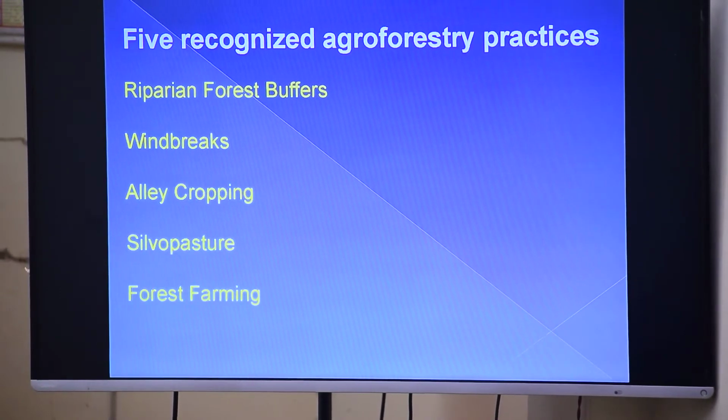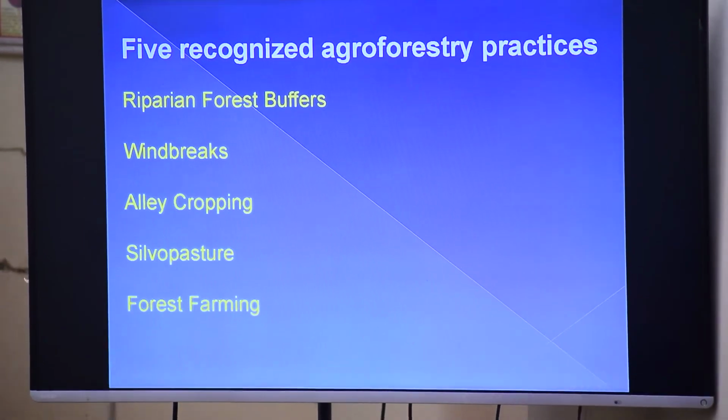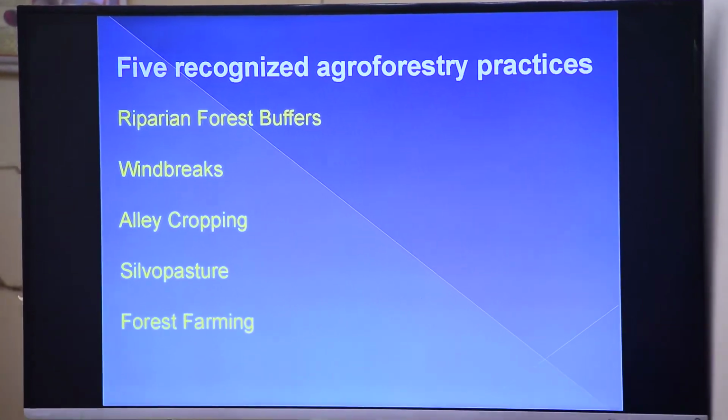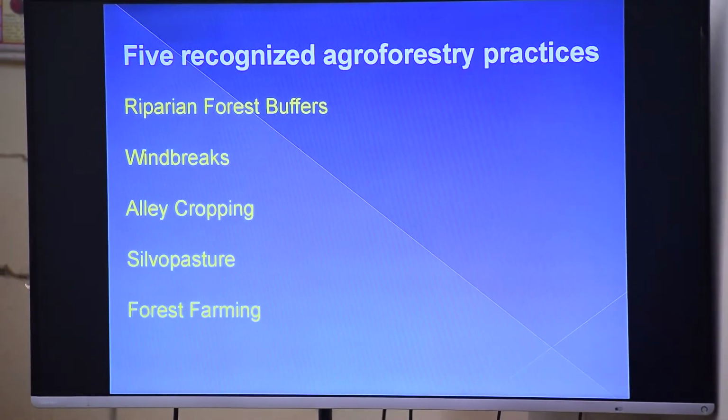This way, such practice helps in managing stream bank erosion and economic and ecological benefits to the nearby people.